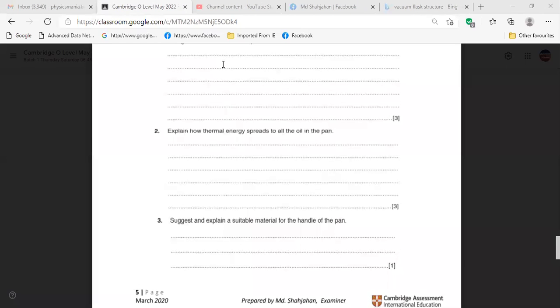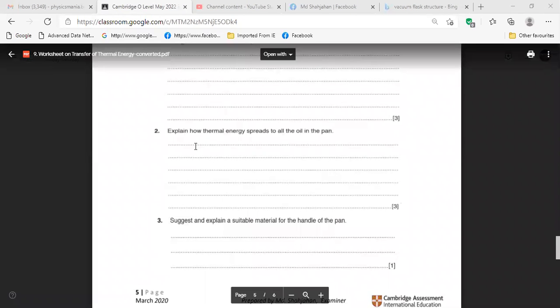So how will we write it? Energy spreads to all the oil by convection. Okay, 1 mark.